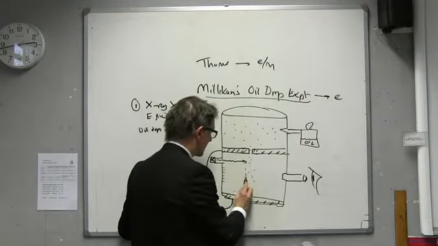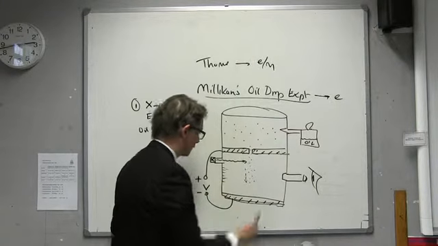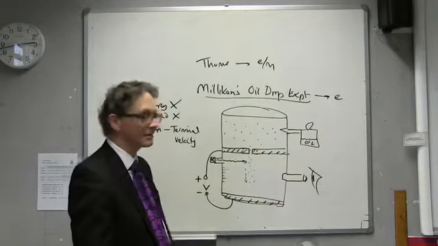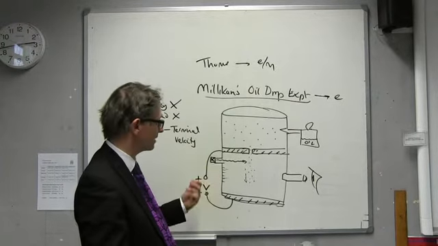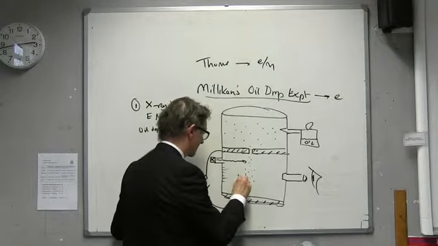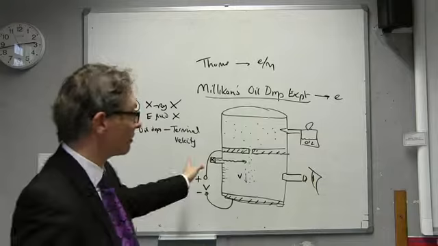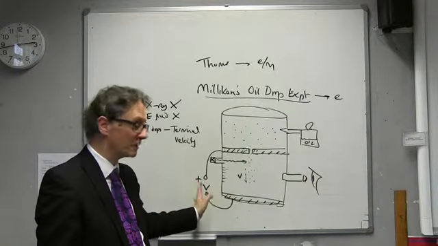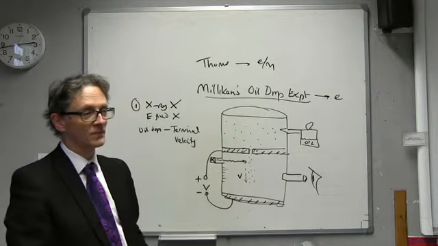So as they fall past here, he can see them falling, and he can say, right, start the stop clock, and he could measure how quickly they travel from one place to the other and work out the terminal velocity. Okay? So here the drops are falling under gravity, no ionising, no electric field, just falling under gravity and reaching terminal velocity, which we measure. Okay?